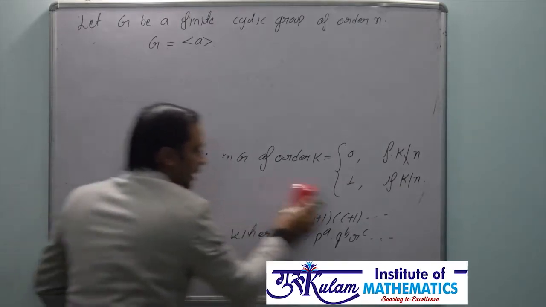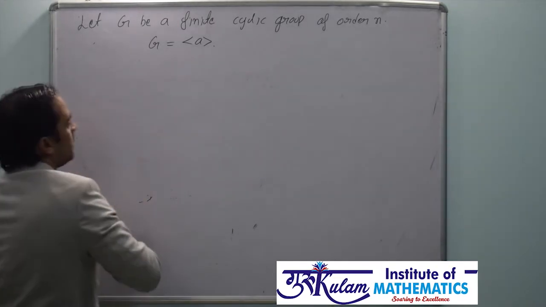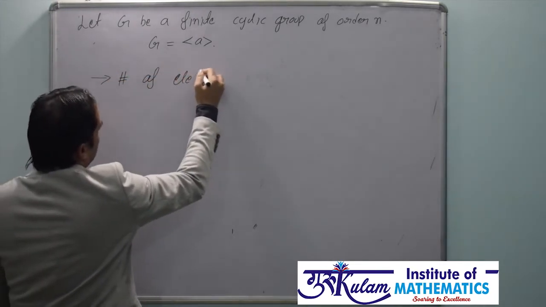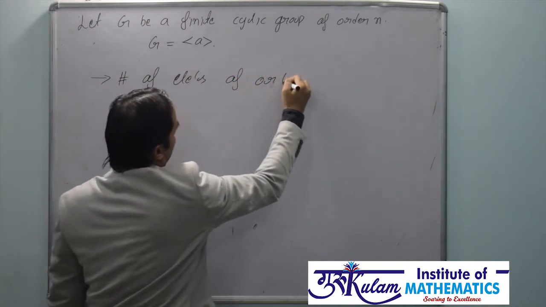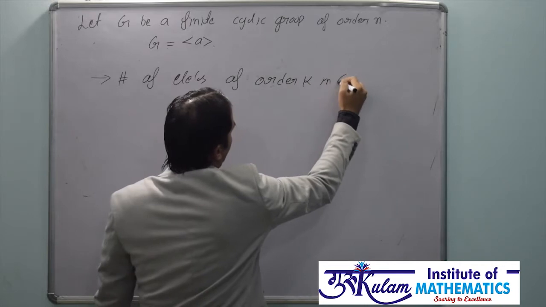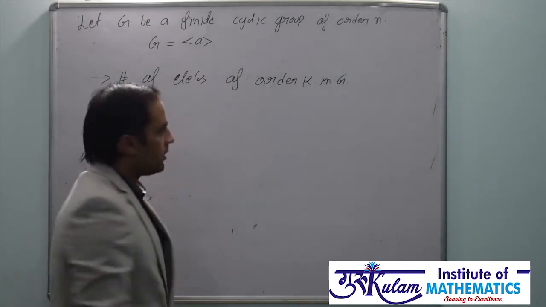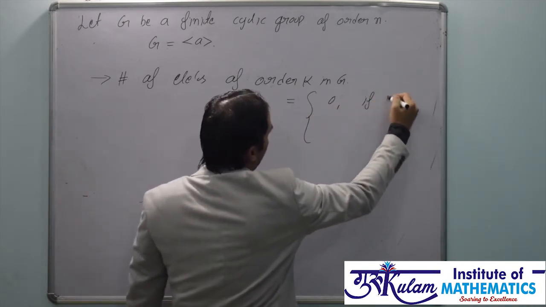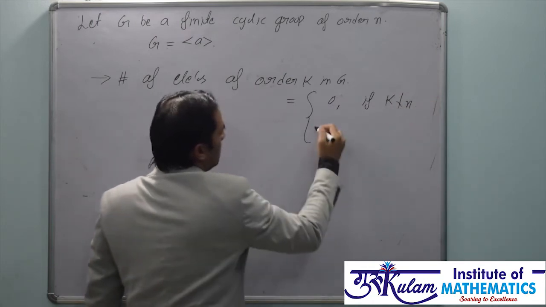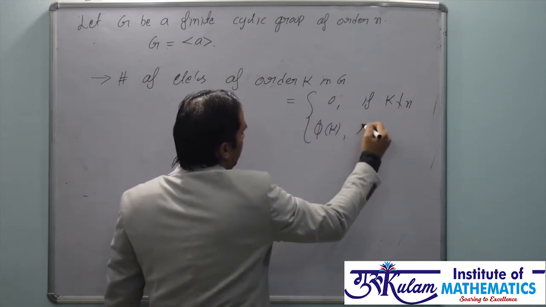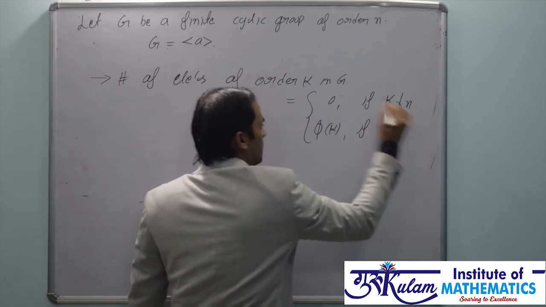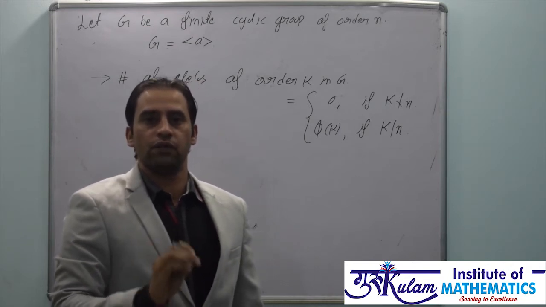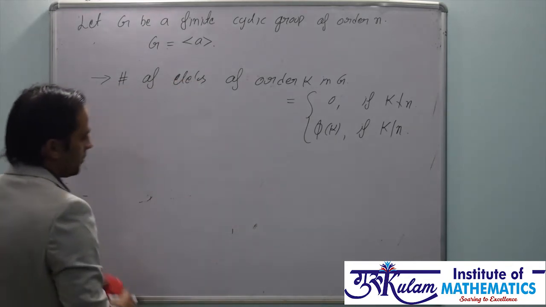The number of elements of order k in G, where again k is any natural number, is equal to 0 if k does not divide n, and exactly phi of k if k divides n. So this is for counting the number of elements of a given fixed order. So this is the most important property.